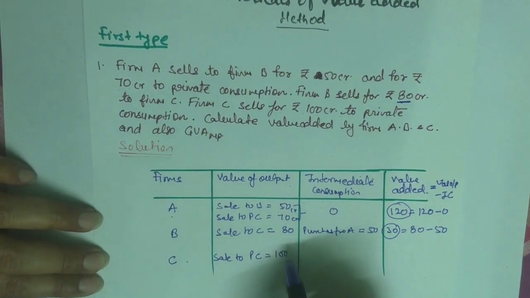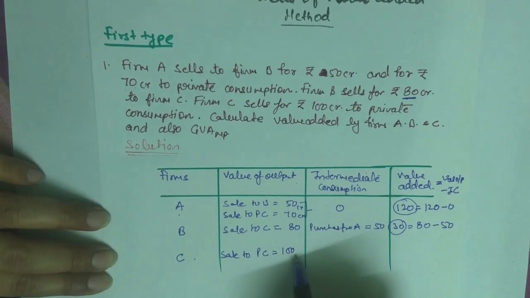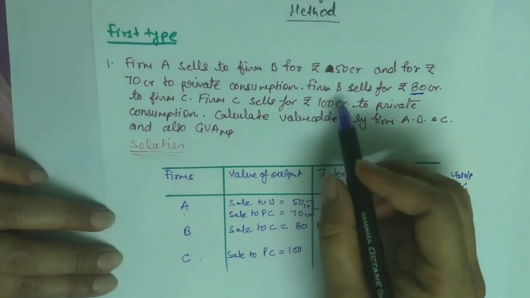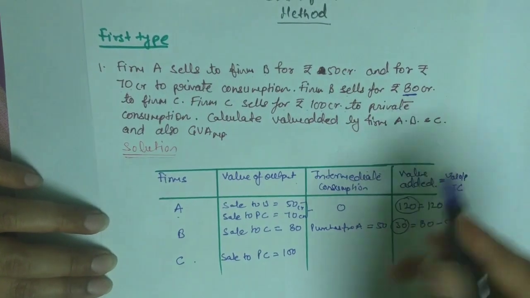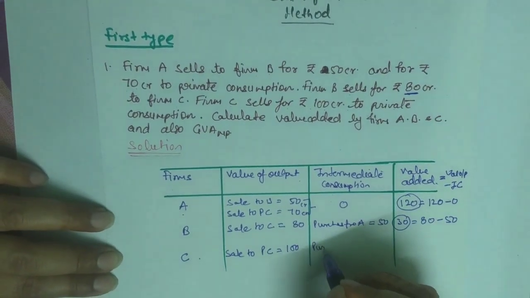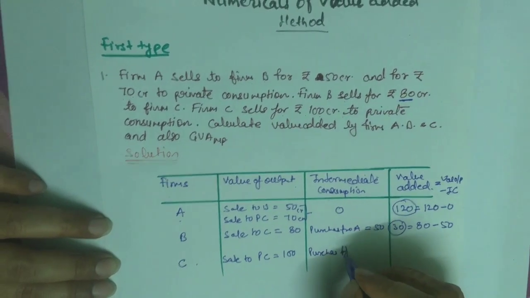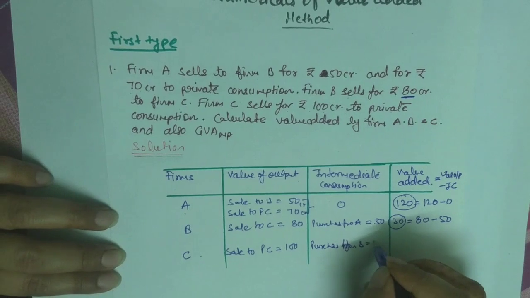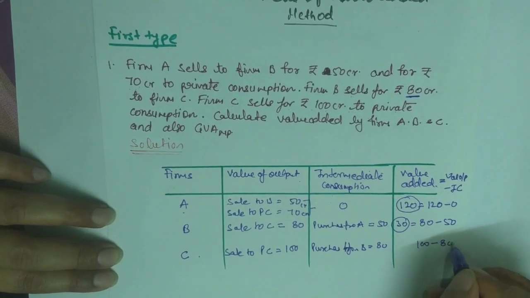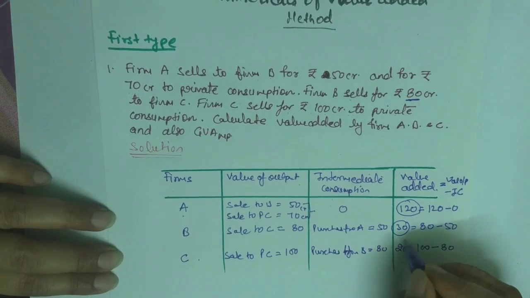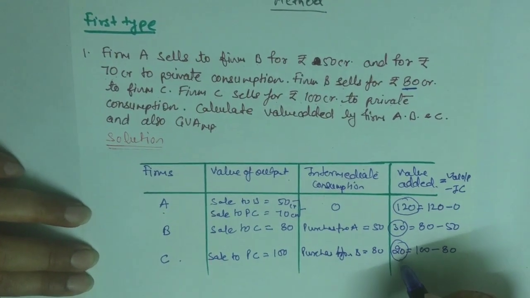So here 100 crore is the value of output of firm C, while its intermediate consumption is B sells to C. So how much did B sell to C? What we can write? Purchase from B. How much purchase? 80. So 100 minus 80 equals 20. So this will be the value added by C firm as 20.